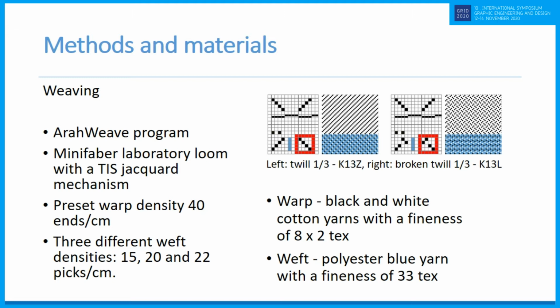All samples were woven on the mini-fiber laboratory loom with a teeth jacquard mechanism with the preset warp density of 40 ends per centimeter and 3 different weft densities: 15, 20 and 22 picks per centimeter. Black and white cotton yarns with a fineness of 8 by 2 tex were used for the warp and polyester blue yarn with a fineness of 33 tex for the weft.